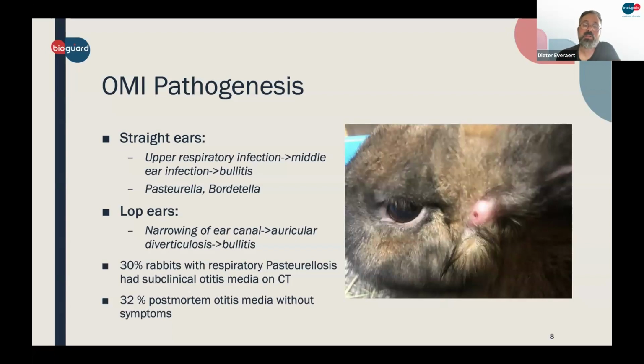Also, some important figures: 32% of postmortem rabbits without any symptoms had some kind of otitis media, meaning that it's quite often subclinical. But then again, we don't know if they have head tilt, if it's because of the bullitis or if it's because of the other diseases.